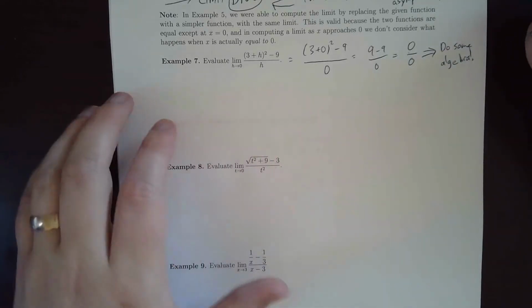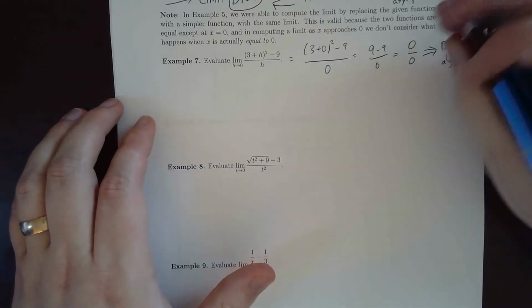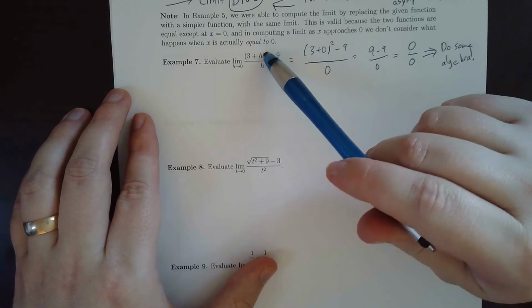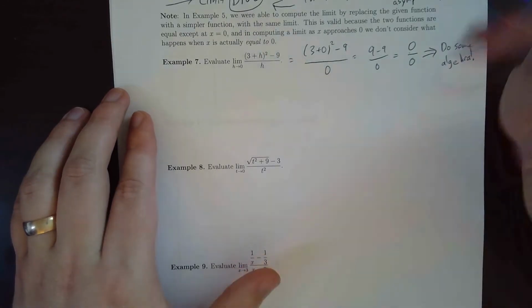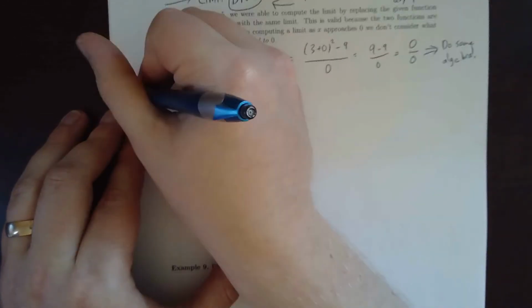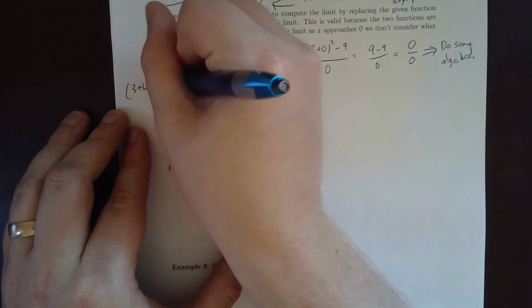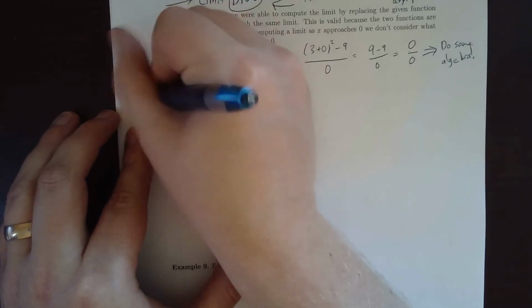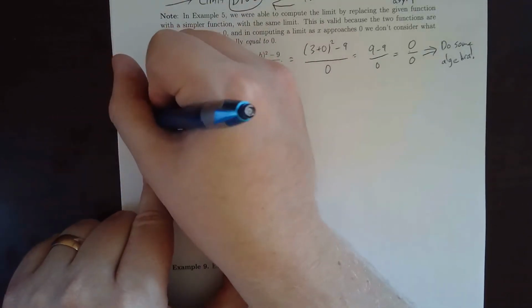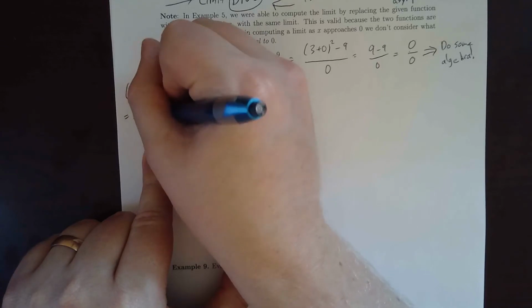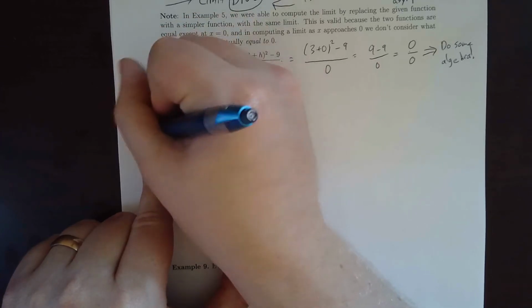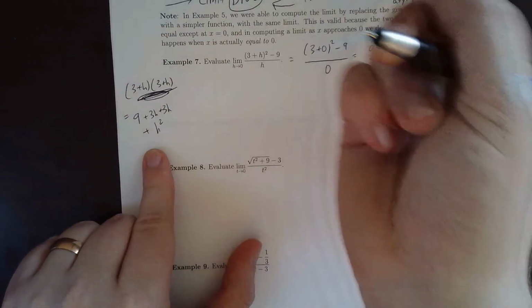Alright, so one thing we could do is go ahead and expand this. So we could go ahead and FOIL it out. If we wanted to FOIL it out, we'll have 3 plus h times 3 plus h, which is the same thing as, if we FOIL it, 9 plus 3h plus 3h plus h squared.